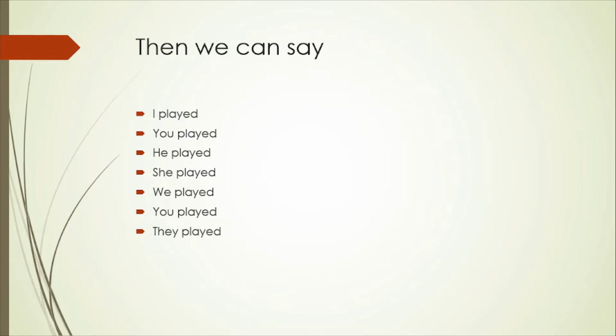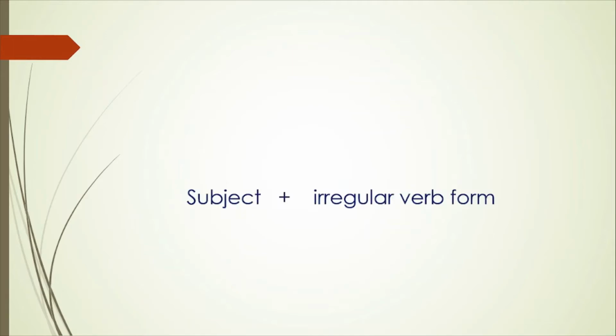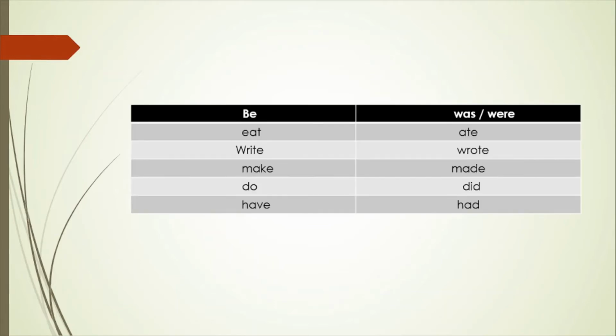And now let's study how we form the past simple of the irregular verbs. Subject plus irregular verb form. In this table, you can see verbs and their past simple. For example, be, was, and were.